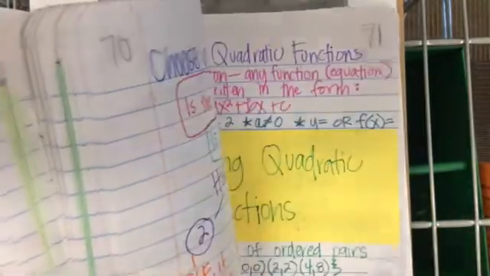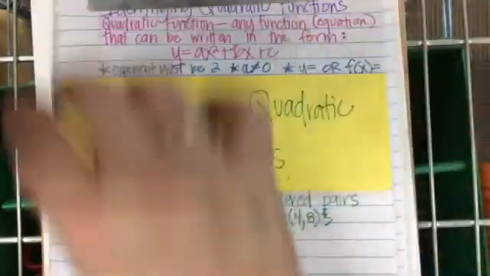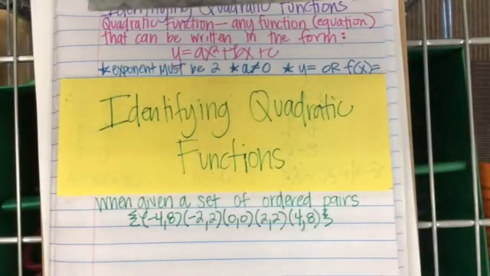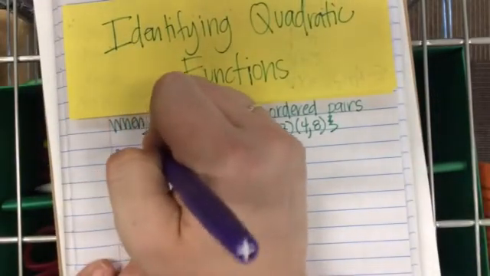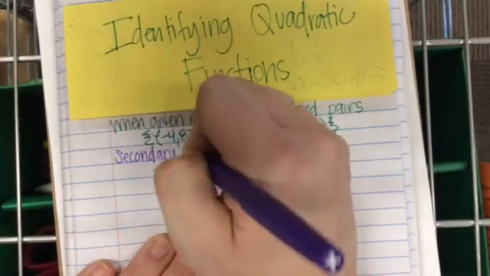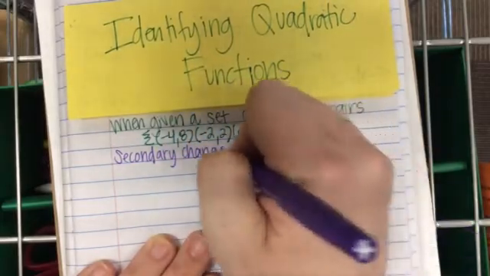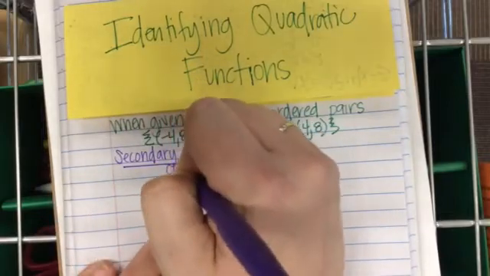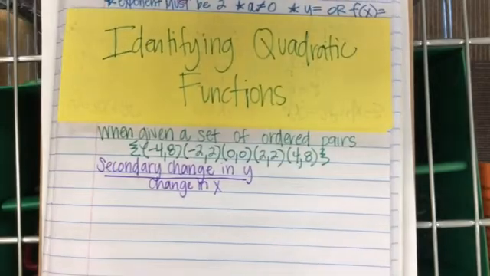But we're quadratic now. And quadratic means exponent of what? 2. So it's not the change in y over the change in x. It's the secondary change in y over the change in x, because the exponent is 2.